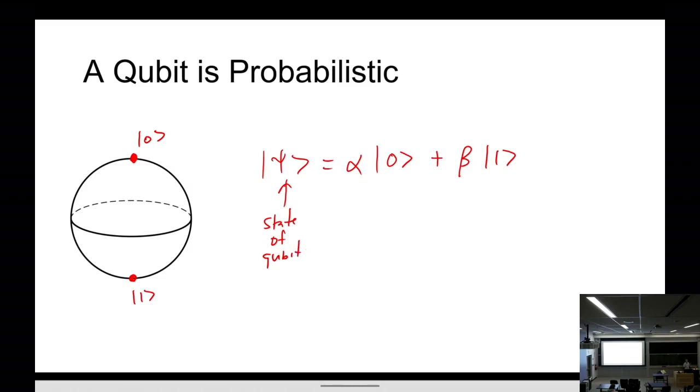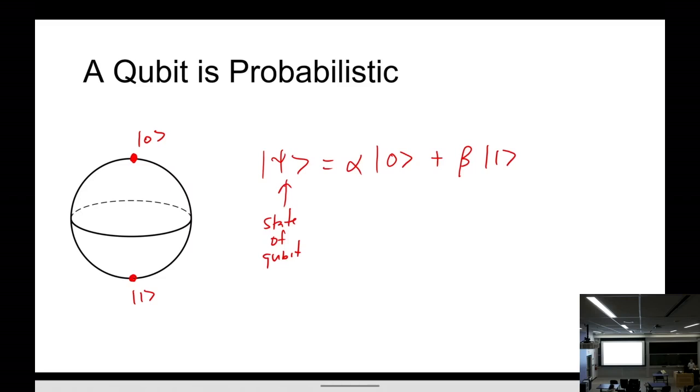So we cannot examine a qubit to determine its quantum state. We can't determine alpha and beta. Instead, quantum mechanics tells us that we can only learn something that's kind of more restricted about this qubit.